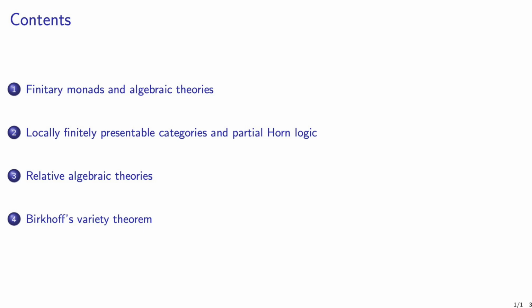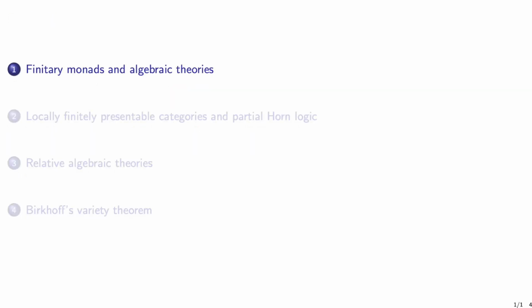The first two parts explain some background and basic concepts, and the two main theorems will be introduced in the third and fourth parts. Okay, let's start by talking about finite monads and algebraic theories.